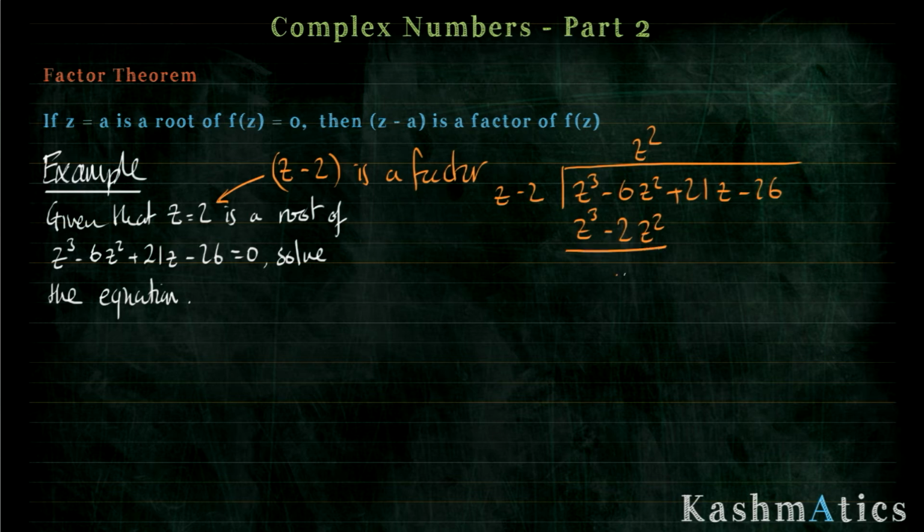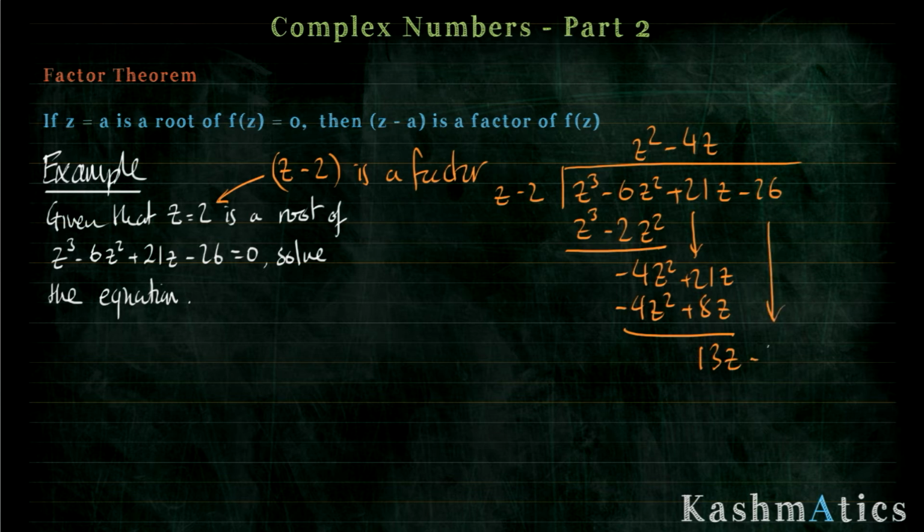Subtract that to give me minus 4z squared and bring down this term here. How many z's are there in minus 4z squared? There's minus 4z of them. So that gives me minus 4z squared plus 8z. Subtract these to give me 13z.